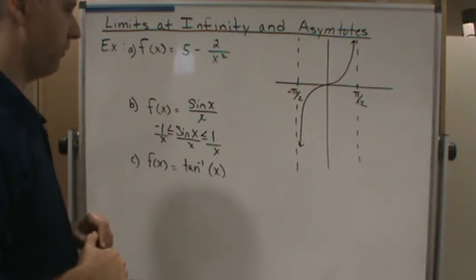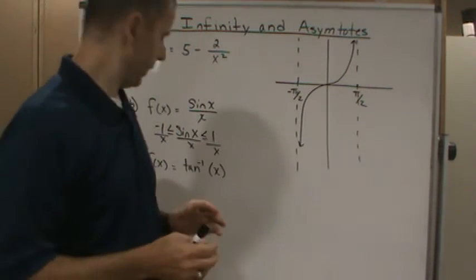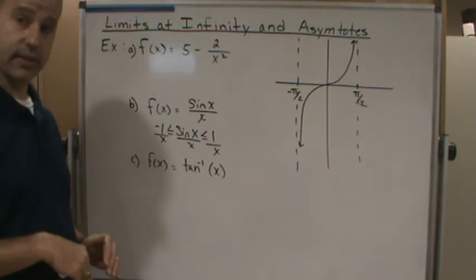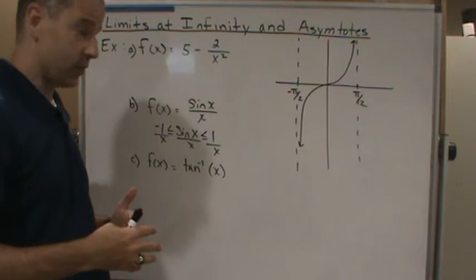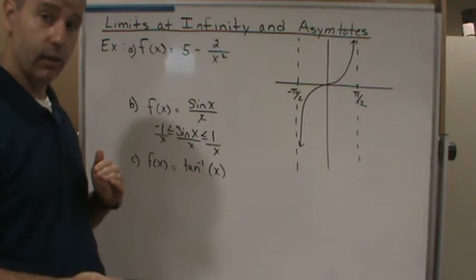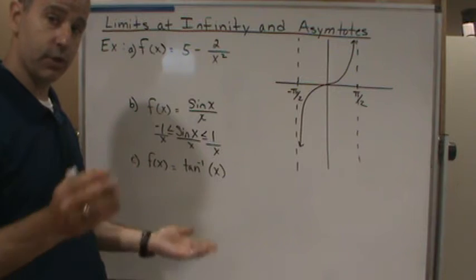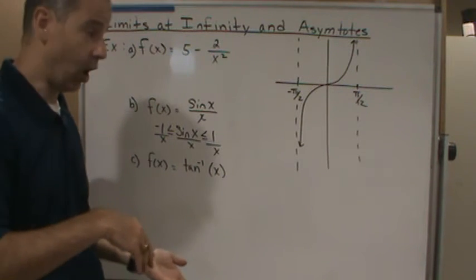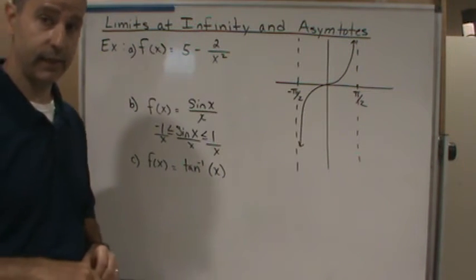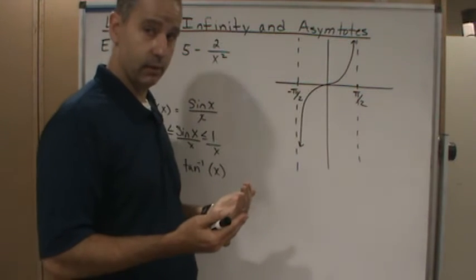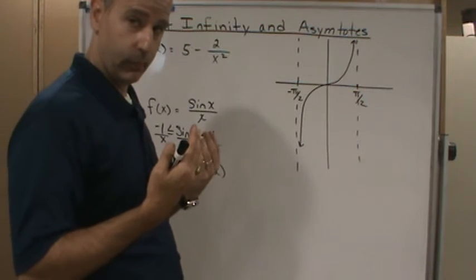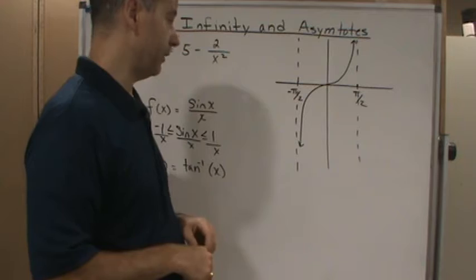So that's the tangent function, which means, remember, if we're dealing with tangent inverse, it's the inverse function, which means they are mirror images, a reflection across the line y equals x, which is the identity function.